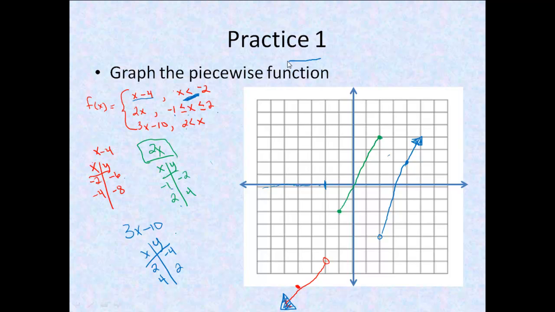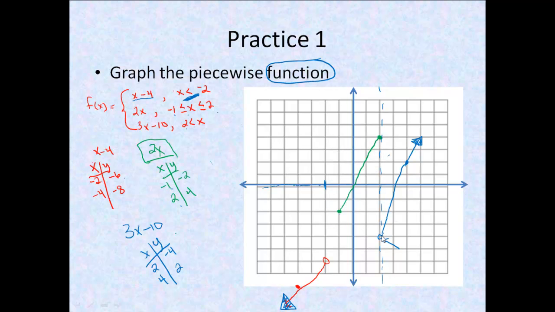Now, when you look at this one, it says it's a piecewise function. Well, you might be thinking, you know what, right here, it doesn't look like it passes that vertical line test. But what you have to realize is that it still does pass the vertical line test because that is an open circle, which means that we don't actually include that value.